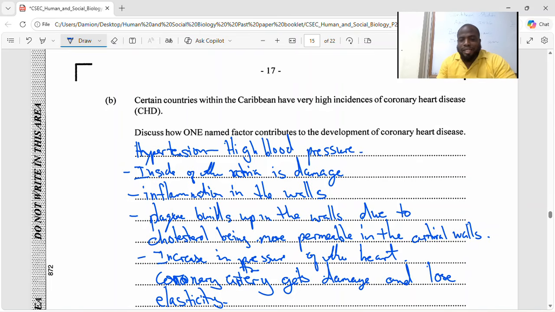So the elasticity of the coronary arteries that they used to have, they are going to now lose.